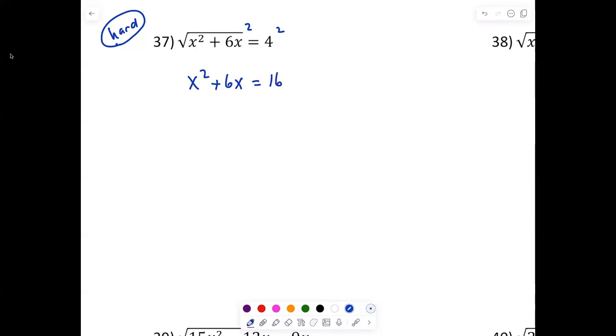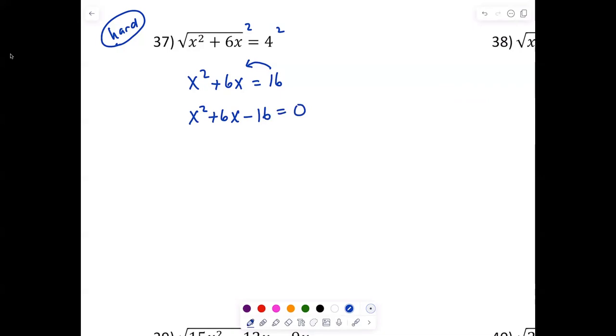Now, this is a quadratic. Quadratics have to be set equal to 0. So I can move the 16 over. When I move the 16 over, it becomes what? -16. So I want everybody to write down x squared plus 6x minus 16 equals 0.